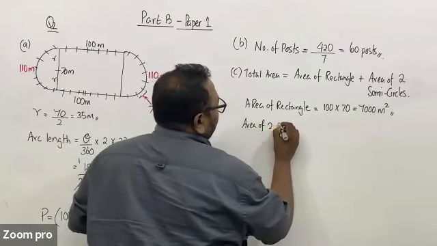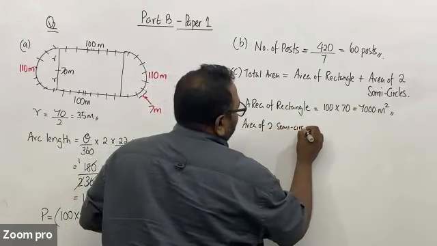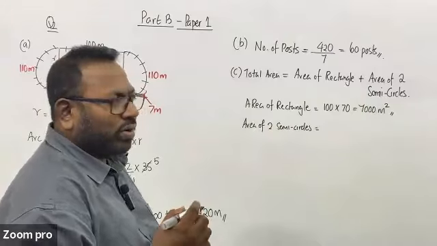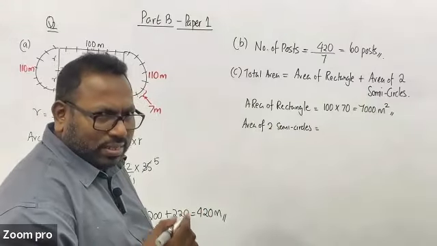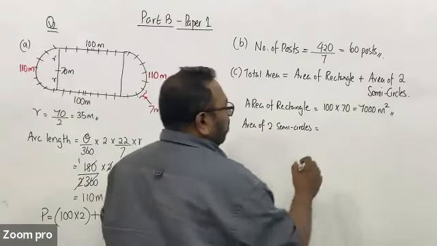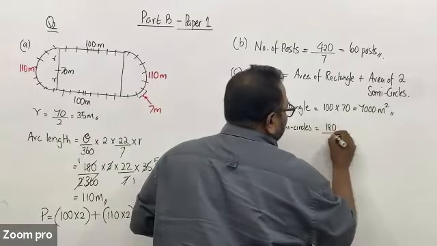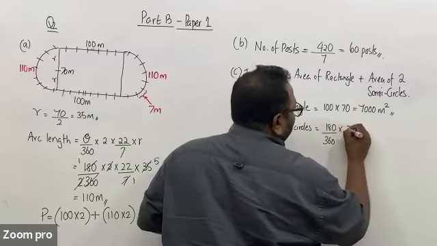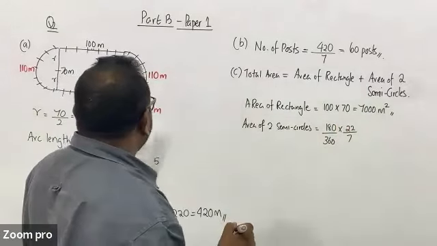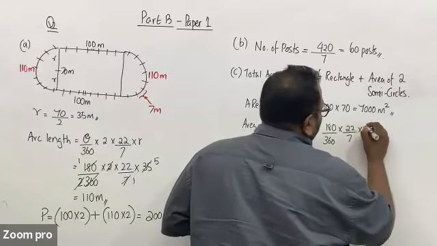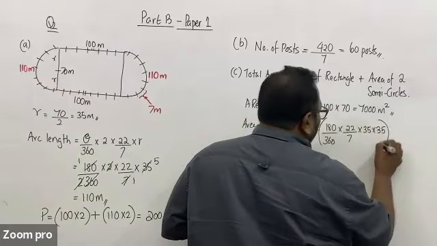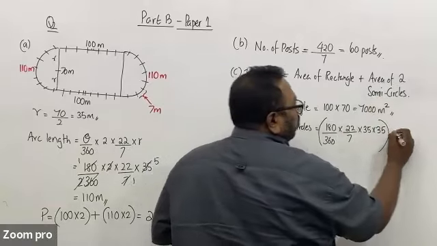Area of two semicircles, how do you calculate the area? Area is equal to theta over 360 multiplied by pi r squared. So theta over 360 is 180 over 360 into pi r squared. Radius we know is 35. So 35 into 35 multiplied by 2.